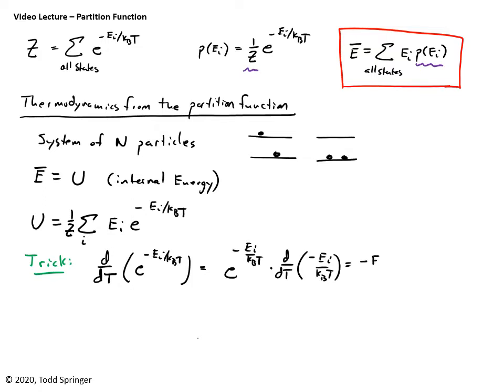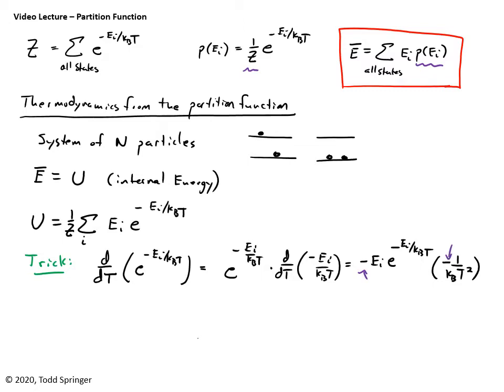So I got minus E_i, e to the minus E_i over k_B T. And then I've got the derivative of 1 over T, so I get minus 1 over k_B T squared. So that's a derivative with the chain rule. Okay, there's two minuses here that cancel out.